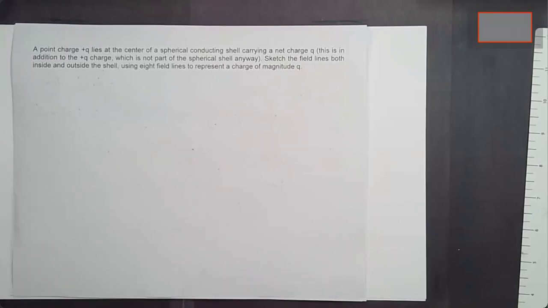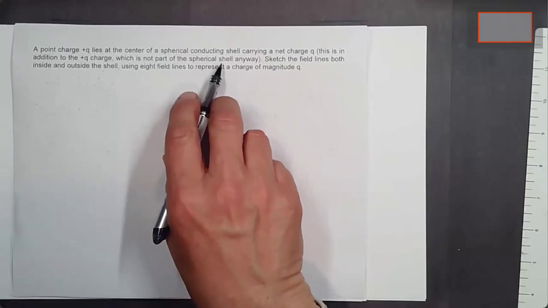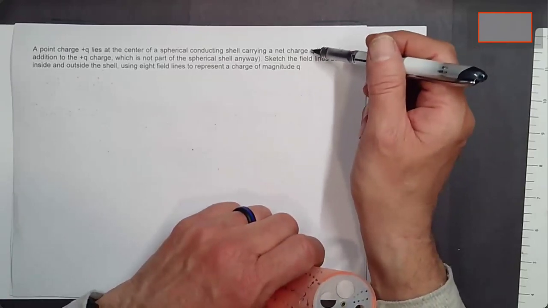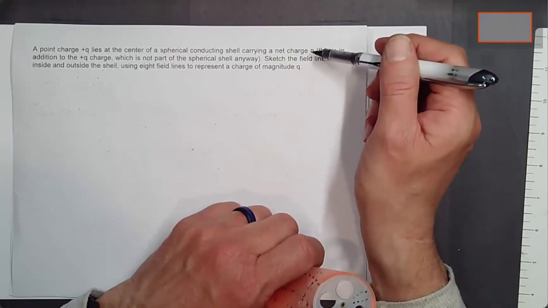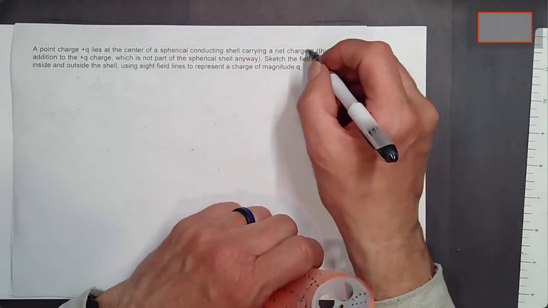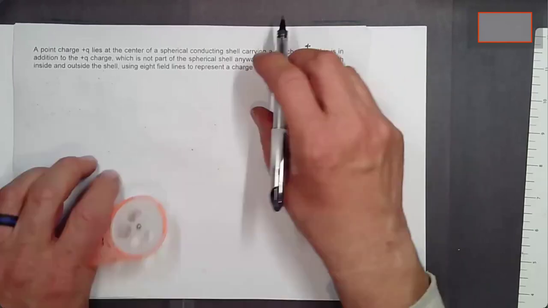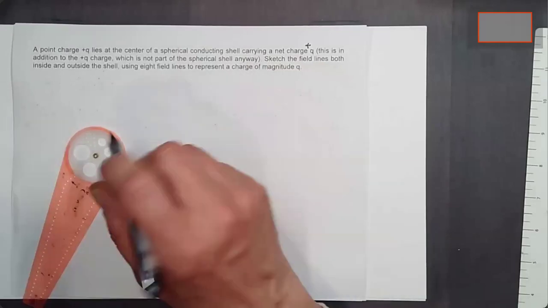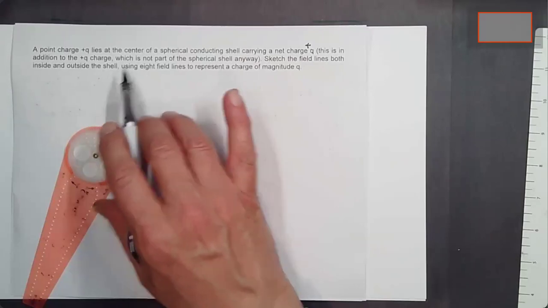We have a surface charge plus Q that lies at the center of a spherical conducting shell that carries a net charge of Q, and we're not told the sign of this net charge, but let's just imagine that it's positive for the time being, and then maybe we'll try imagining what happens if it's negative.